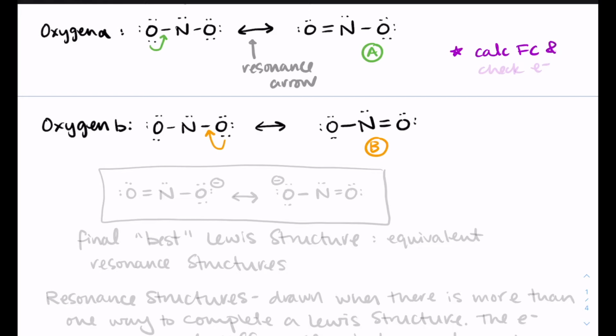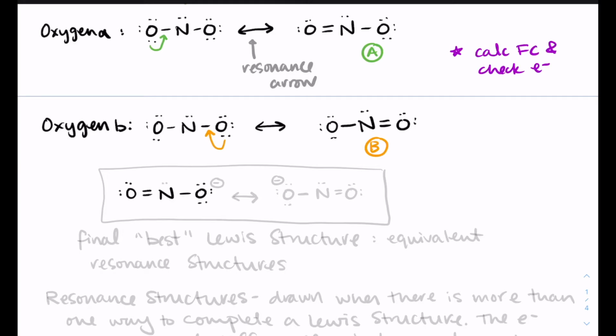My structure itself is not flipping or rotating in any way. Only the electrons are moving. So I take a lone pair from the oxygen on the right, I move it down to become a bonding pair, and the oxygen on the right now has 2 lone pairs and a double bond to nitrogen. Nitrogen has a lone pair and a single bond to the oxygen on the left. The oxygen on the left has 3 lone pairs.